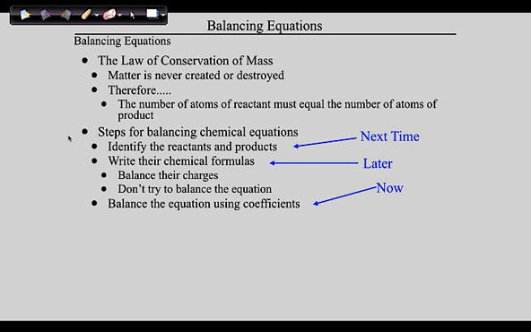So basically what it means is as you get deeper into this, I'm going to give you less and less help. At first, I'm going to give you everything you need and you just balance them. Then later today, I'm not going to give you the formulas. And then on Friday, I'm not even going to give you the products. And you are going to have to progressively stay on top of this.